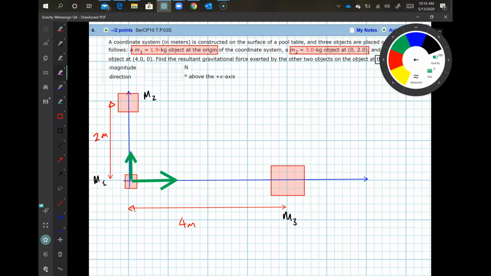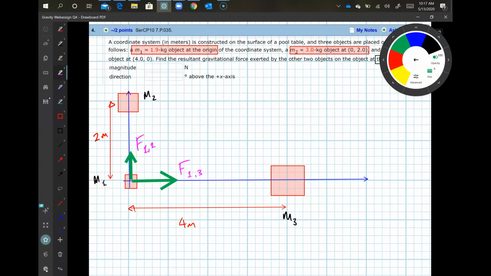So let's see. I've got to call these something. So I'm going to call this one the force on mass 1, because of mass 2. So it's F subscript 1, 2. That's quite a common way of delineating those different forces. So using the same notation, this would become the force on 1 because of 3. Right?